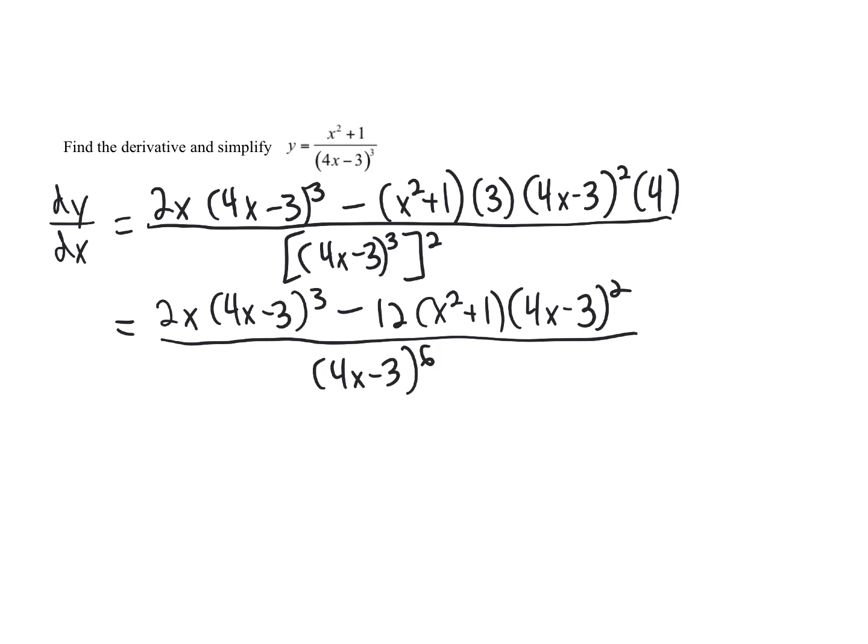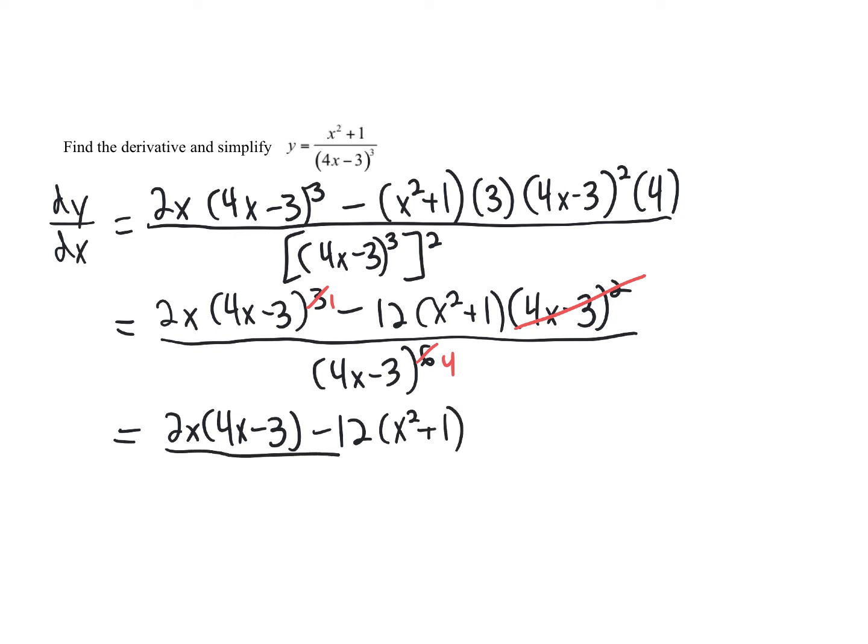There's a couple different ways you can look at it. You could factor 4x minus 3 squared out of the top terms and then divide that out, or just realize that you can take out 2 copies from each. So this will leave us with, which we can then multiply out the top.